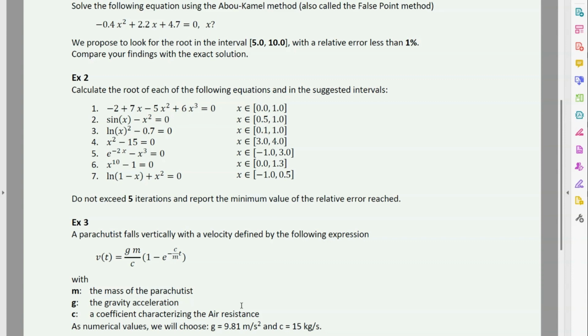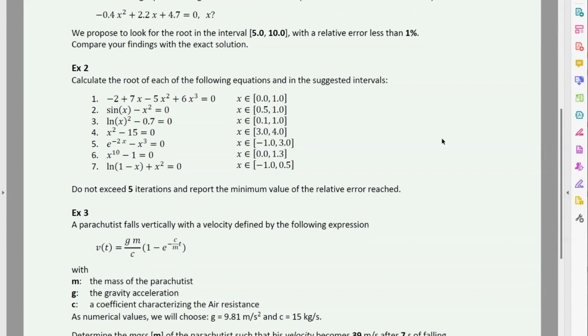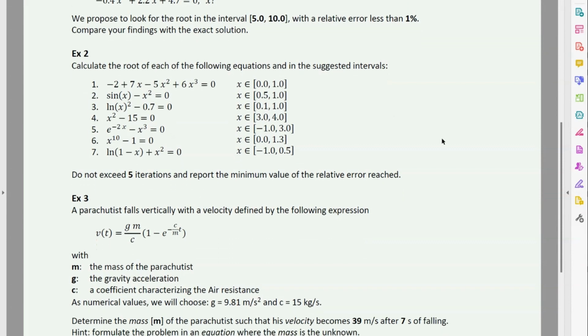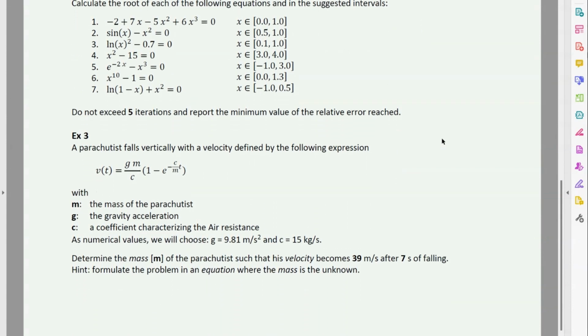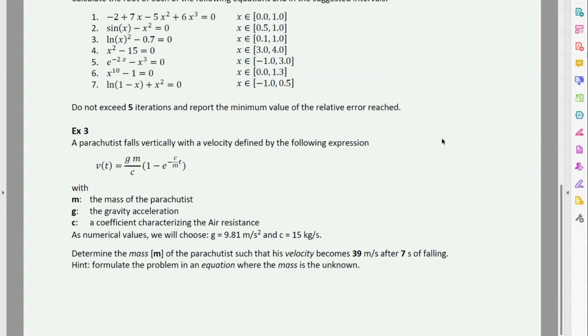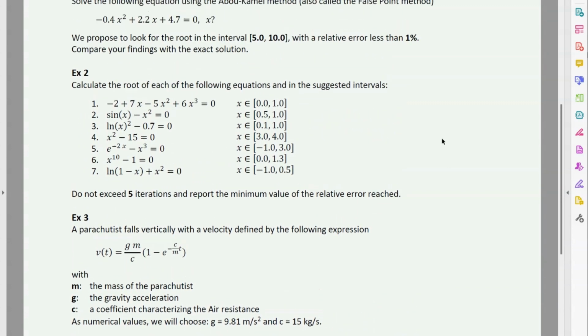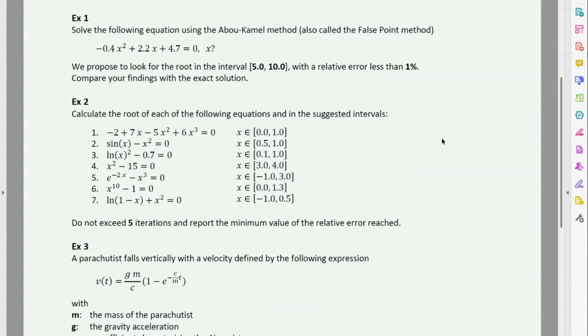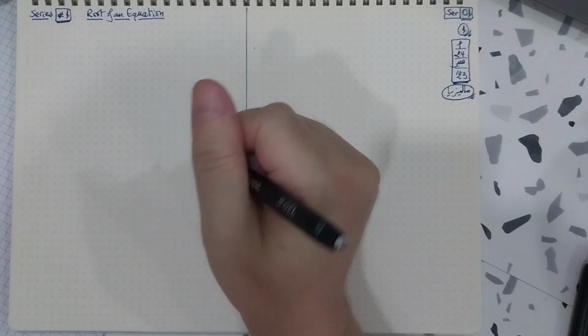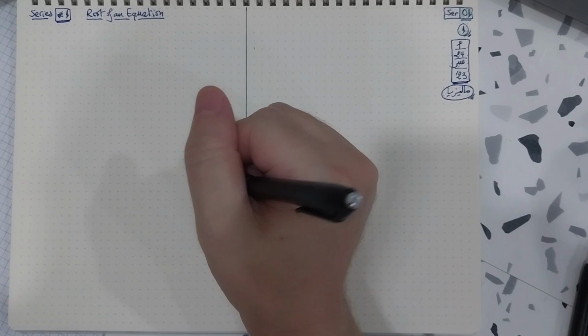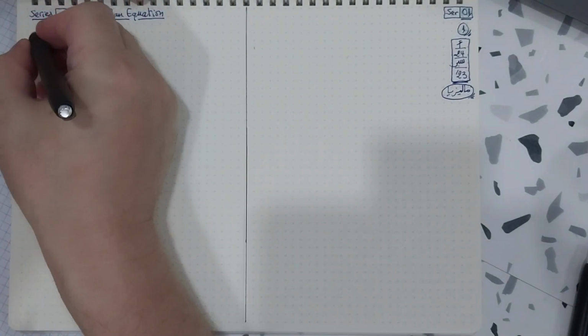So let's come back to our setting and solve the exercises in detail. Okay. So now let's solve exercise number 1.